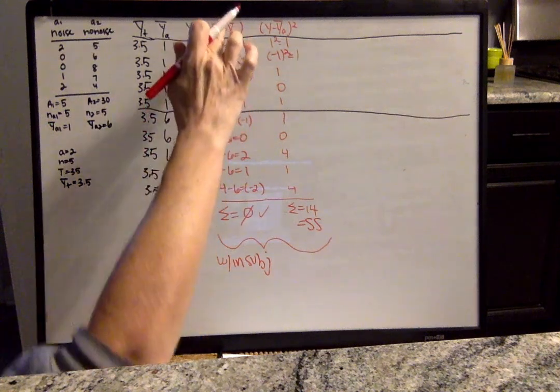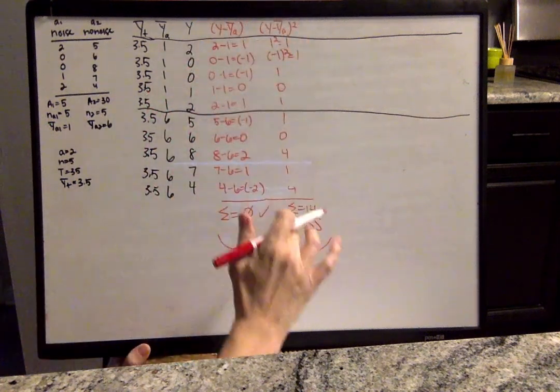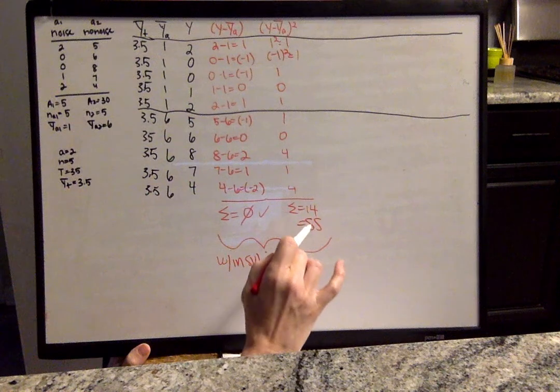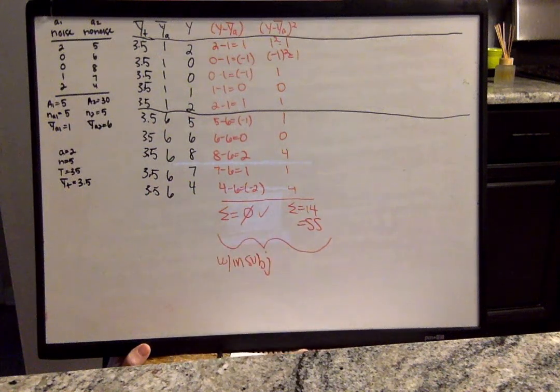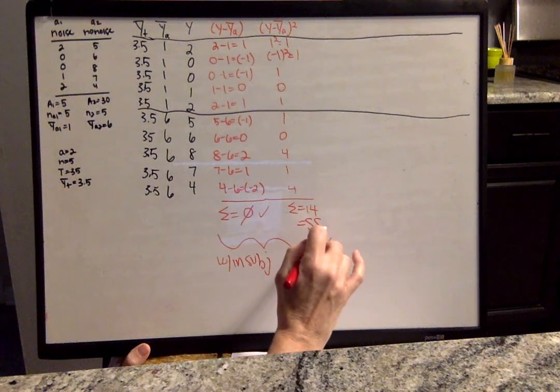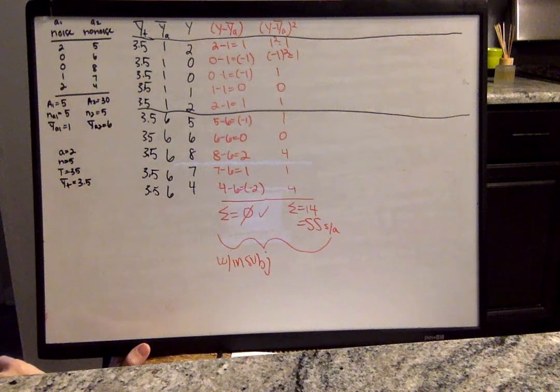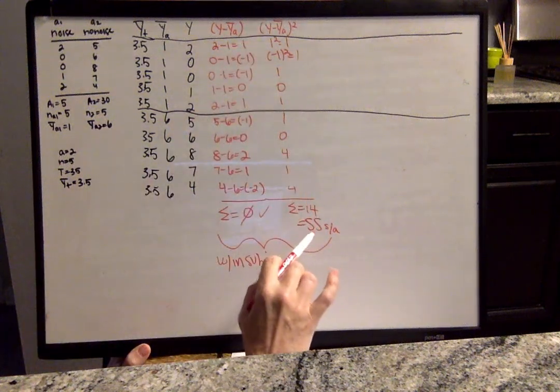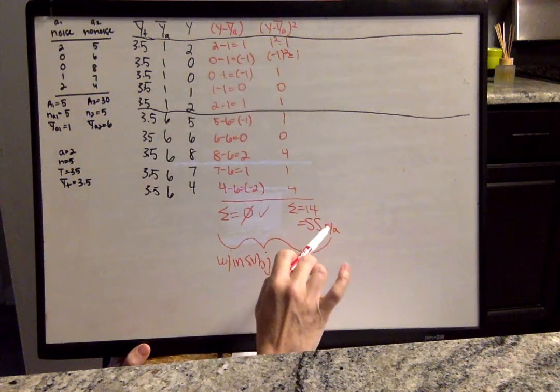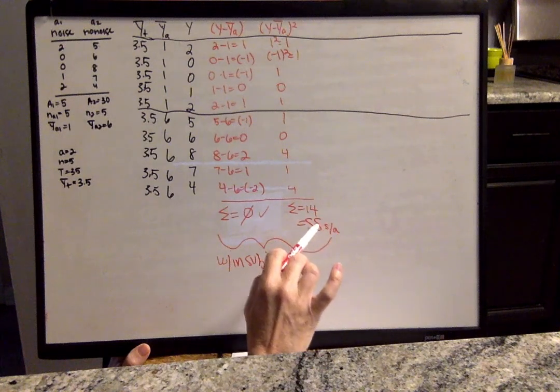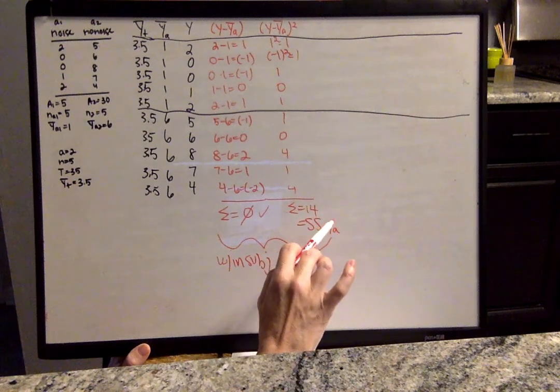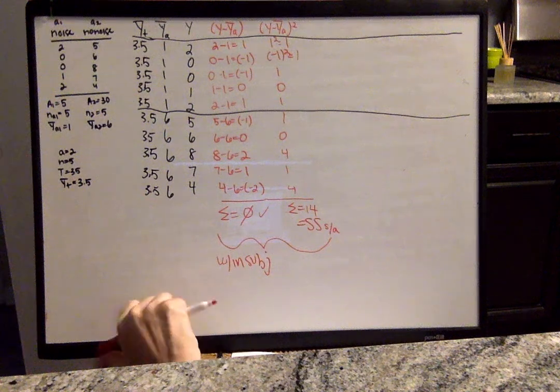Moving forward, in the one-way ANOVA, we are going to refer to the within subjects as S over A. So what we've calculated here is the sum of squares S over A, which means the sum of squares for subjects within group A.